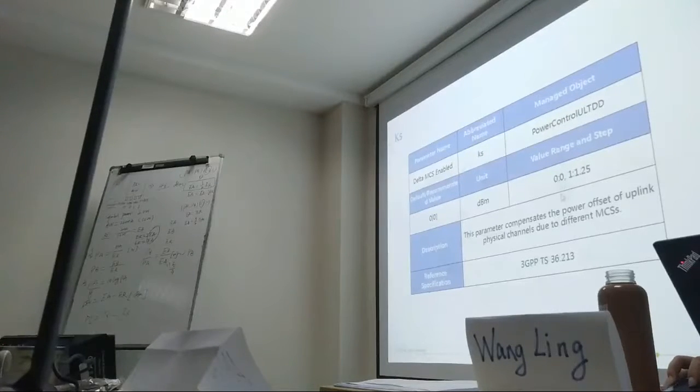If we select 0, that means we don't change the power according to the MCS. If we set 1.25, it will consider the different MCS to adjust the power. You can think of it as a switch, whether we enable adjusting the power according to the MCS.